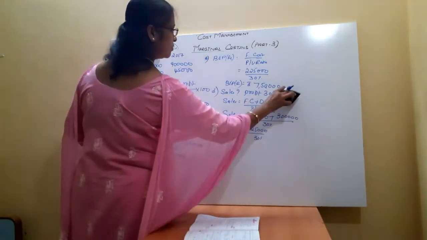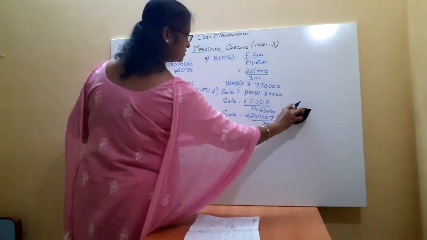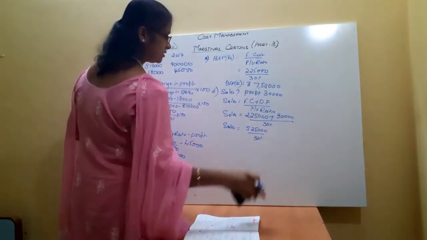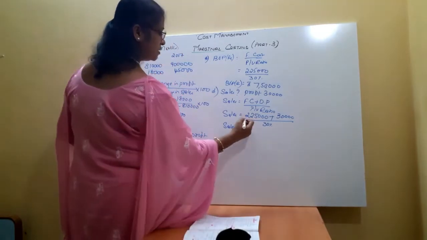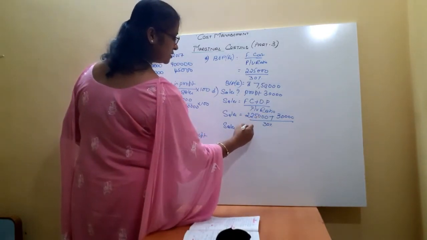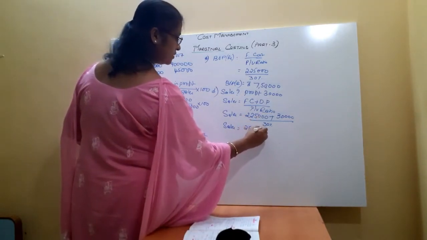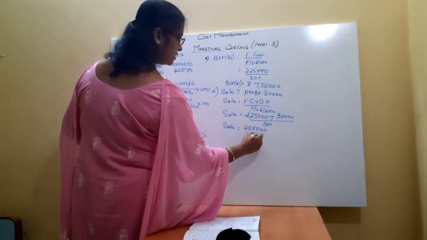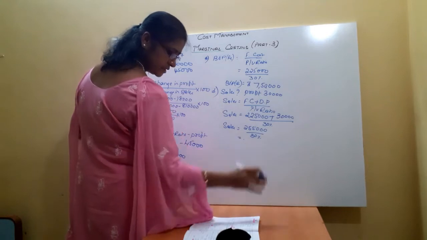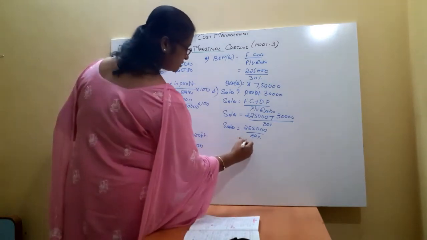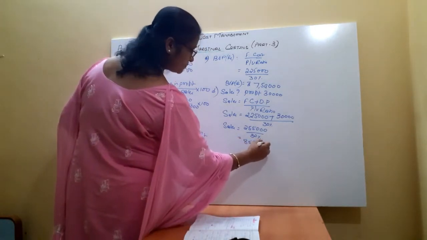Here it is, the profit is 30,000. Okay, so then you get 2,25,000 plus 30,000 will be 2,55,000 divided by 30%. You get the answer as 8,50,000.